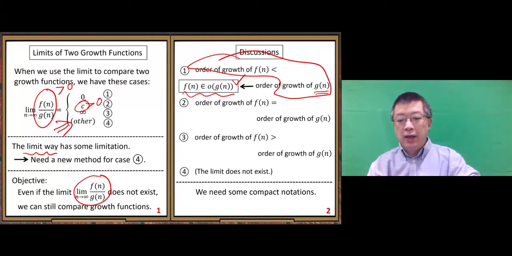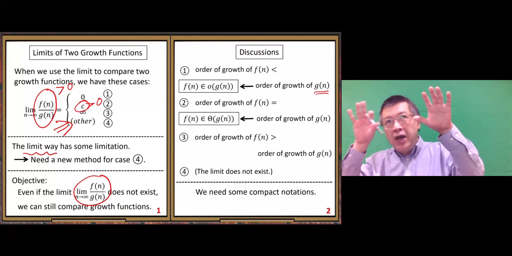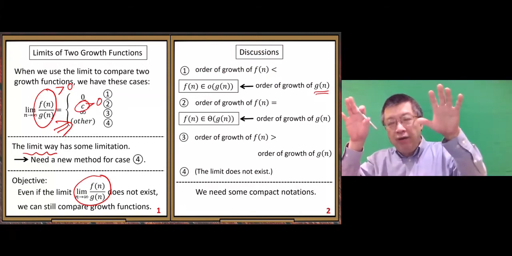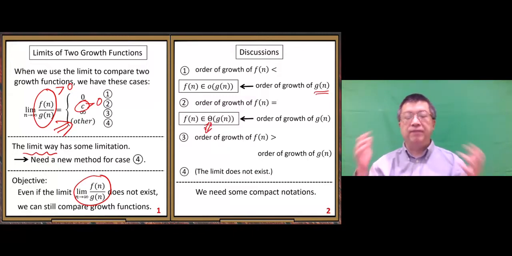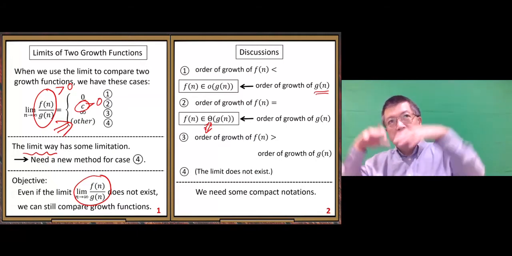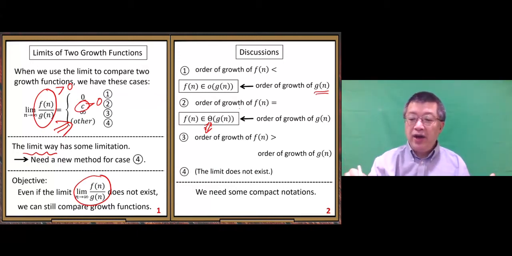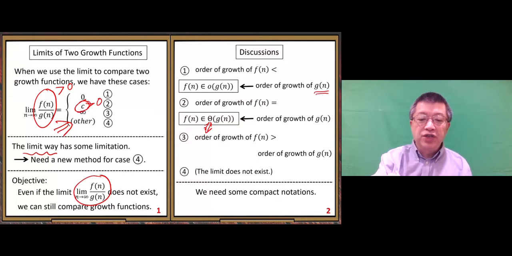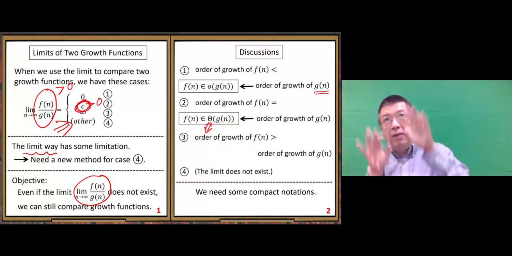Similarly, for case 2, they have the same order of growth. We use this big theta notation. But this notation, later we will expand a little more. Why do we need to expand this one more? Although here we use the limit equal to c, there is a situation where there is no limit.